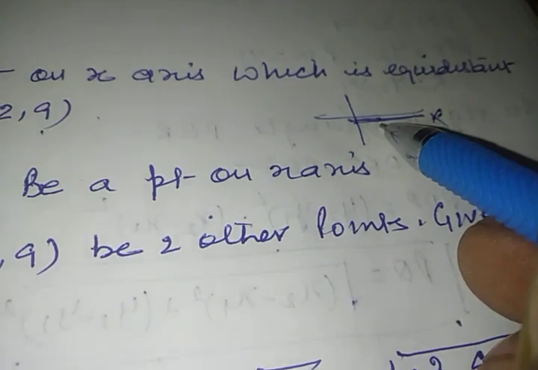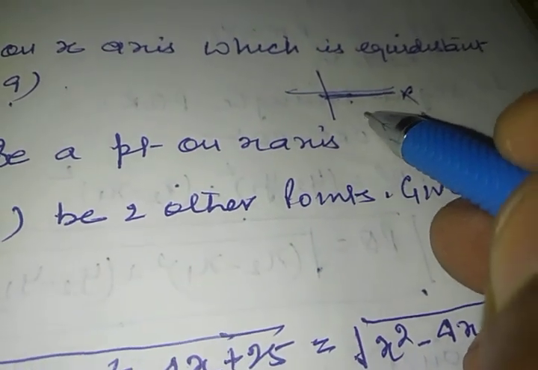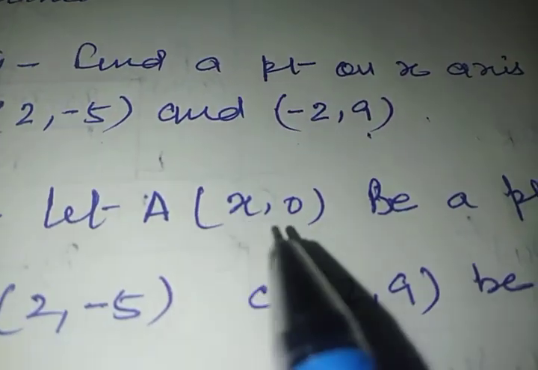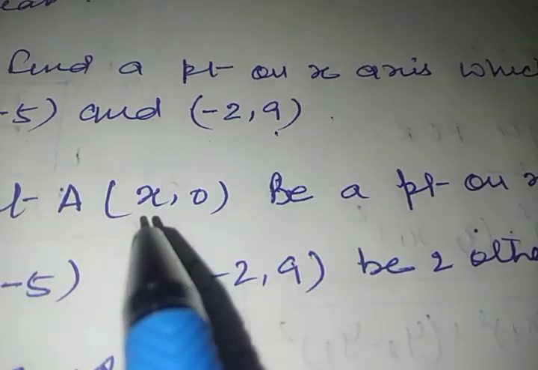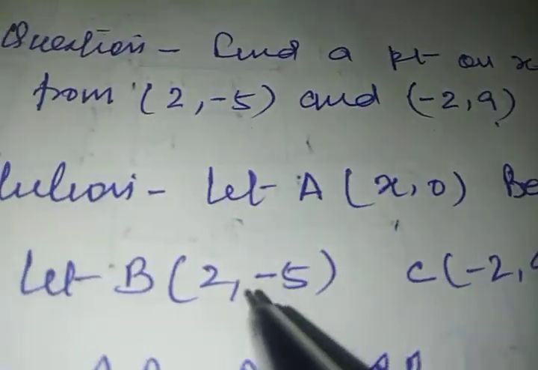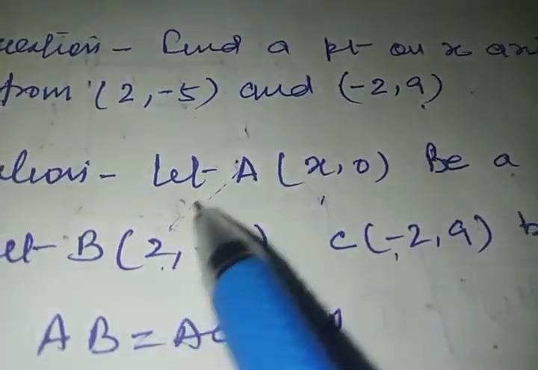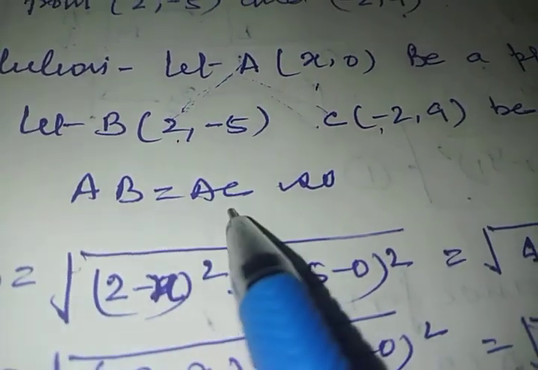So any point on the x-axis will be of the type (x, 0). So let A(x, 0) be the point on the x-axis. Now this point A is equidistant from B and C, means AB and AC both are equal. So AB is equal to AC.